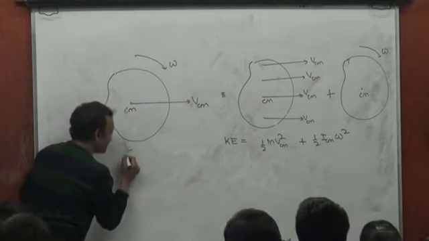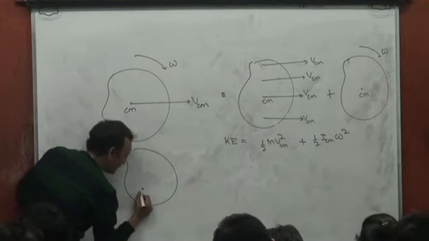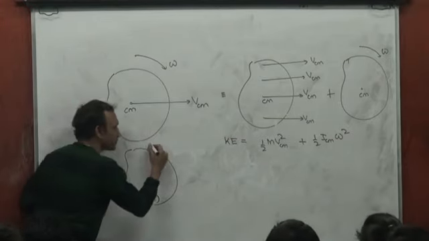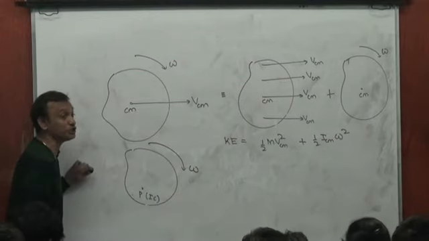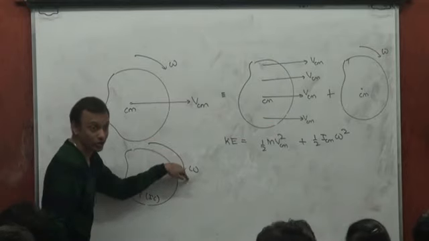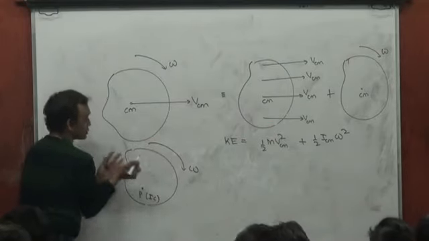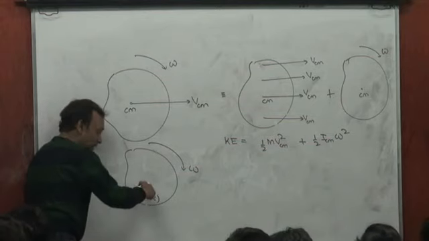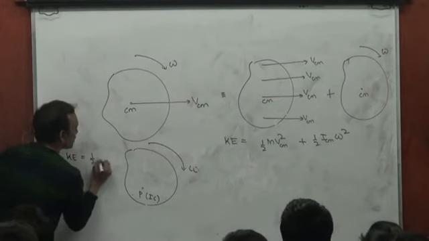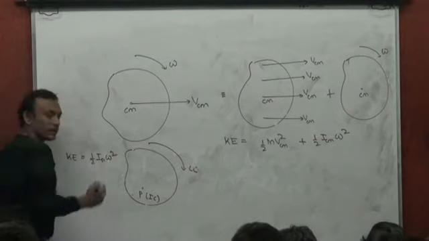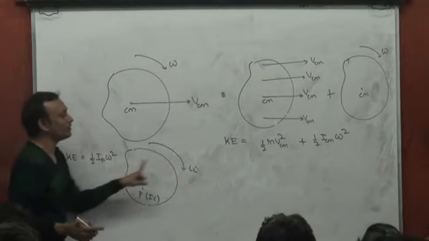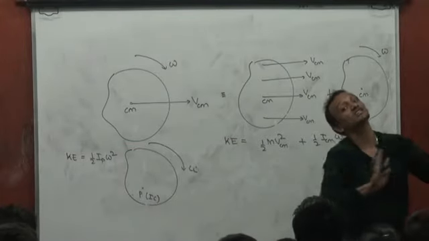Or if you've identified the instantaneous center, if P is the instantaneous center, then you don't have to look at translation. Then it can be imagined to be in a state of pure rotation about the instantaneous center with angular velocity omega, and in pure rotation the kinetic energy is half I about the axis of rotation into omega squared. So in this case the kinetic energy is half I about P into omega squared. The kinetic energy obtained from here or obtained with this superimposition is the same.